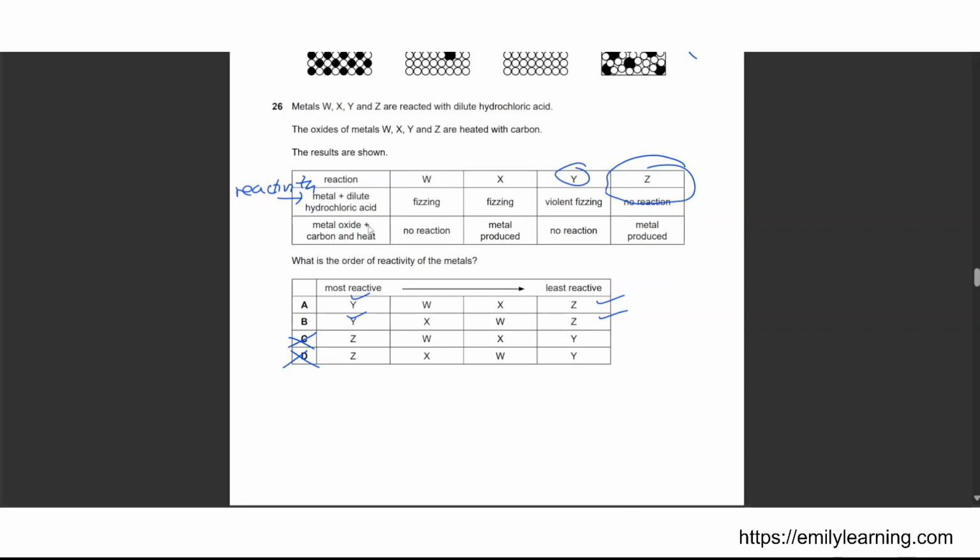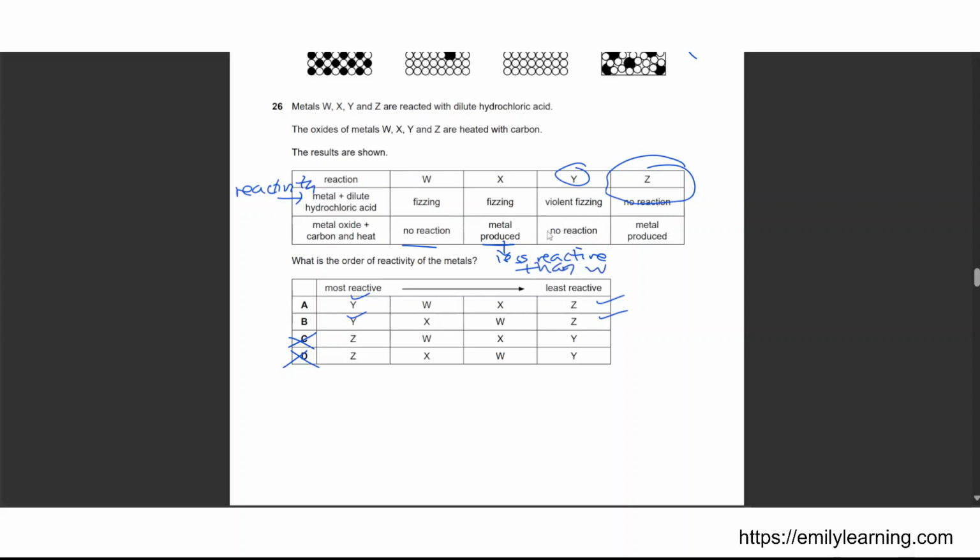We know that the less reactive the metal is, the more readily its metal oxide gets reduced when heated with carbon, right? So if we look at this, X undergoes this reaction, but not W. So in other words, X is less reactive than W. Okay, we don't need to consider the rest.